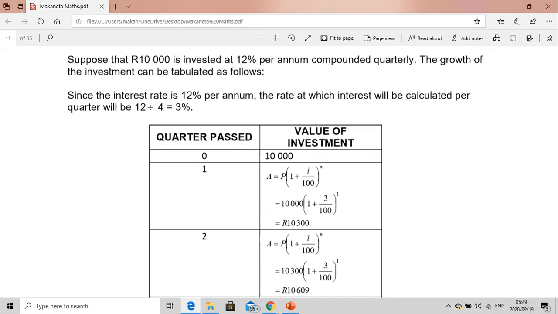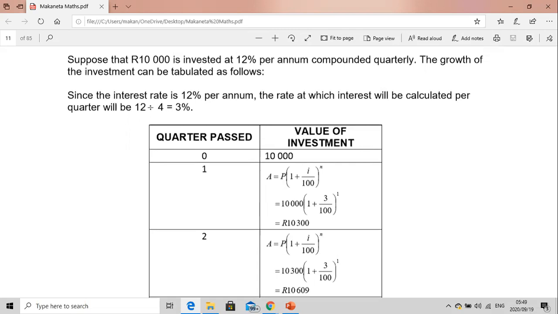Once more, it is important to understand what the question needs here. If 10,000 rands is invested at 12% per annum, compounded quarterly, now compound interest once again comes into play. But now we are told that it is compounded quarterly. And what does quarterly mean? How many quarters do we have in a year? So when we talk about a quarter of a year, that is just 3 months.